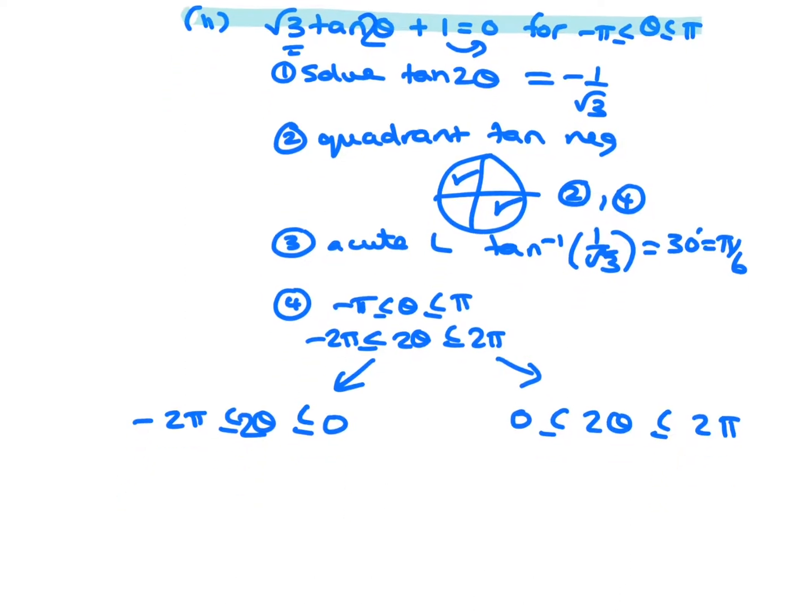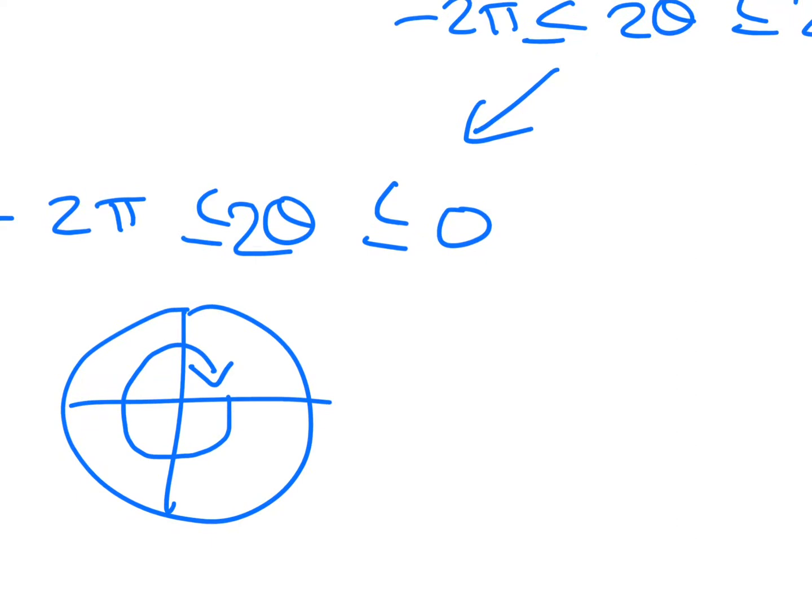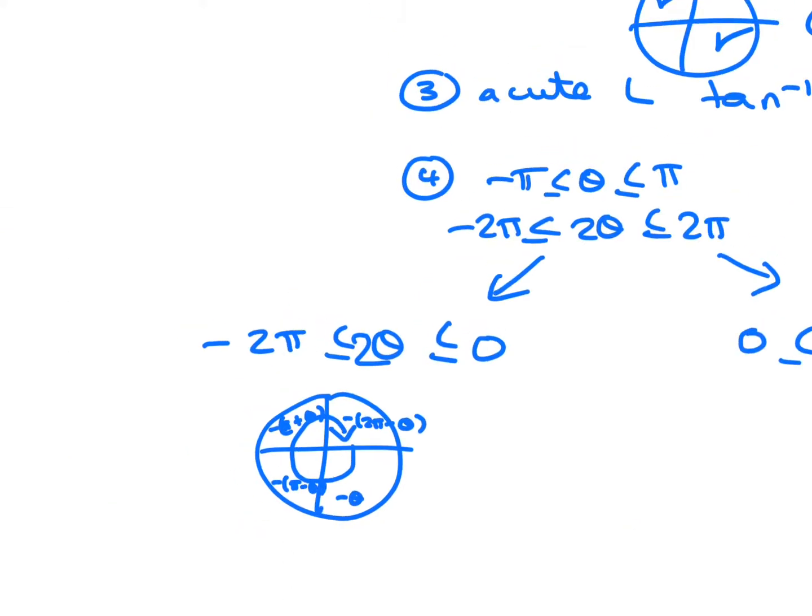The one on the left means you're going around in the negative direction. So what you're looking at here is minus theta, minus pi minus theta, minus pi plus theta, and minus 2 pi minus theta. That's that side.